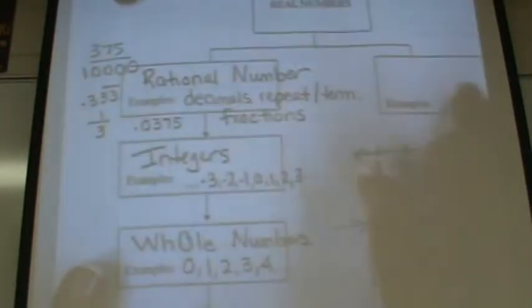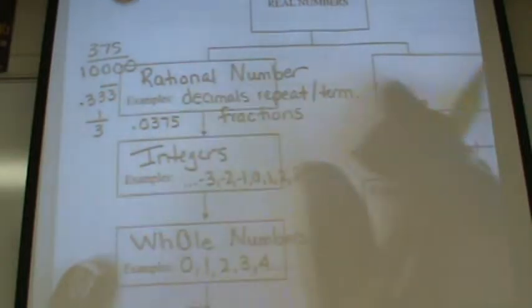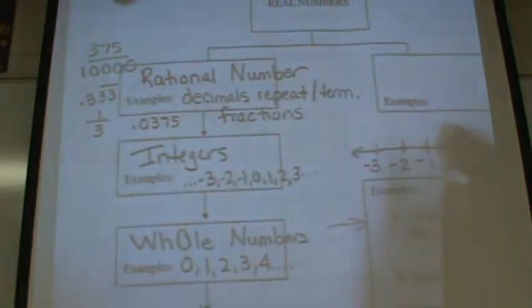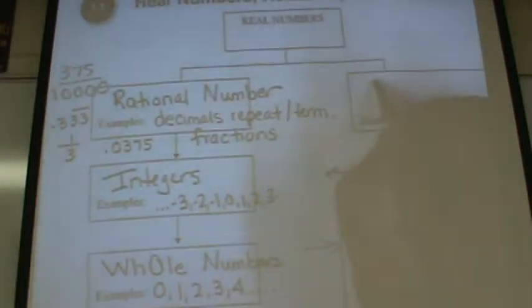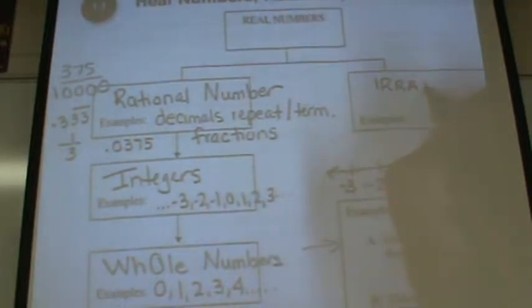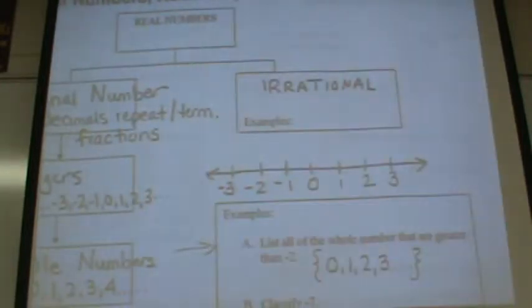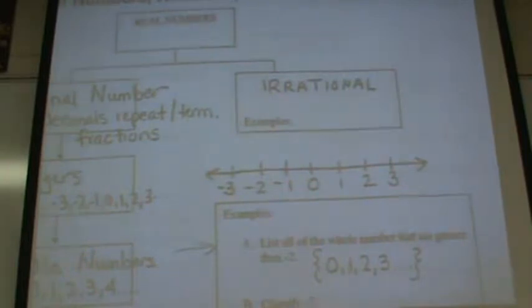What's the opposite or the counterpart of a rational number? Irrational. You know how I think of irrational numbers? If you ever do something that upsets your parents, your mom tells you, be home by 11 o'clock, and then you show up at 12.